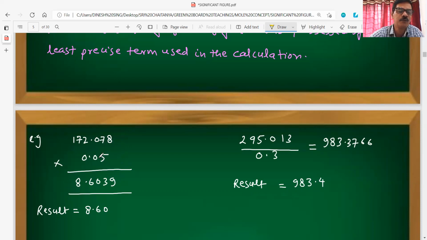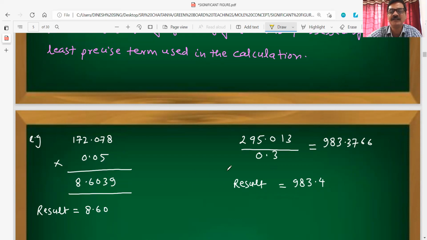Only 2 digits will be allowed after the decimal point, because this number 0.05 has only 2 digits after the decimal point. So our answer 8.6039 will be rounded off as 8.60.